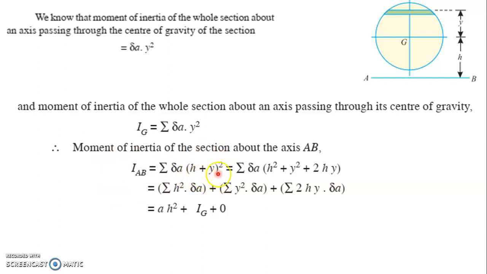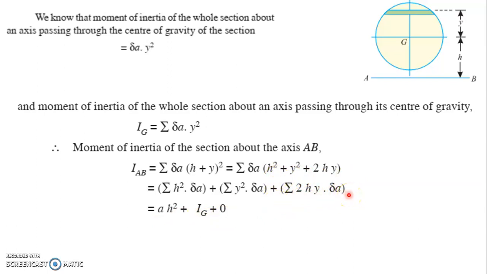I am expanding (h plus y) all square: sigma A into h square plus y square plus 2hy. Expanding the bracket, sigma h square dA, sigma y square dA, sigma 2hy dA. Sigma y square dA we already know is I_g. Sigma h square dA can be written as h square into A, which is the area of the cross section, and sigma 2hy dA can be taken as 0.